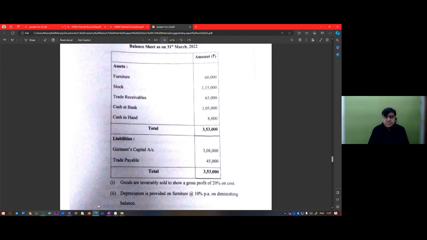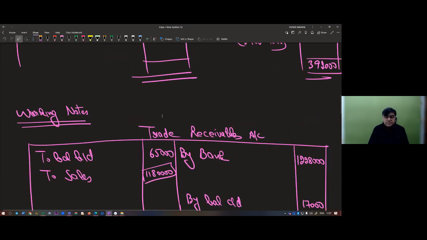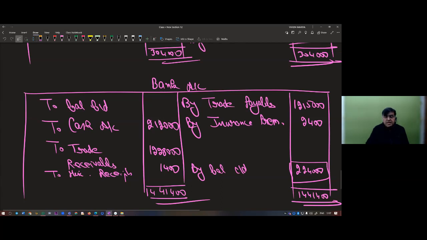Furniture, stock, debtors, bank. Bank opening balance is 1,05,000. So the closing balance will increase. So 441,400 plus 1,05,000 is 546,400. 224 plus 105 is 329.